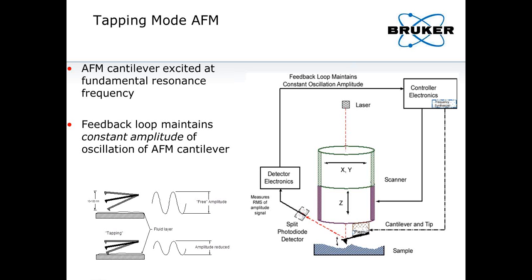And then when the tip approaches the surface, when the tip feels the force from the surface, the amplitude will drop. So this oscillation amplitude depends on how far the tip is from the surface. So you can use this tapping amplitude as a sensor to regulate tip sample distance.